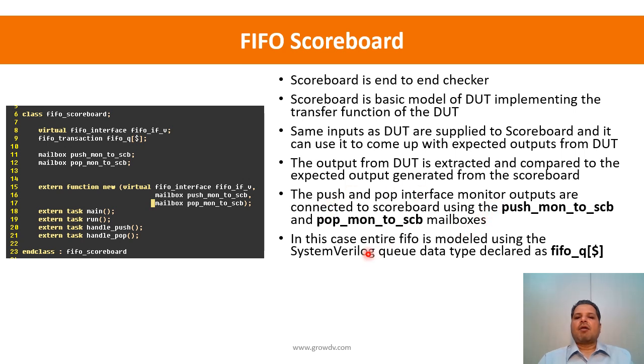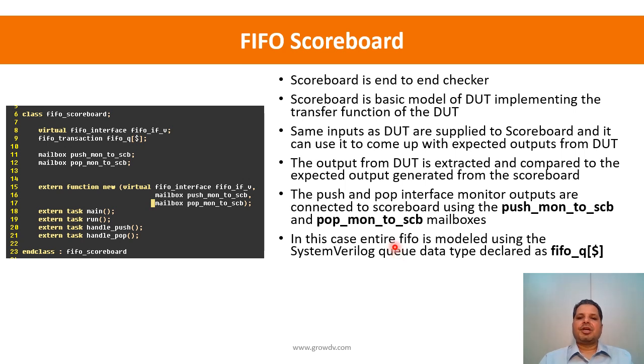And in our case, both the monitors provide these mailboxes, right? The push monitor to scoreboard and pop monitor to scoreboard are connected to the scoreboard. And if you notice over here, we are using this new data type, this FIFO queue. This is a new data type which is introduced in SystemVerilog. It's an aggregated data type.